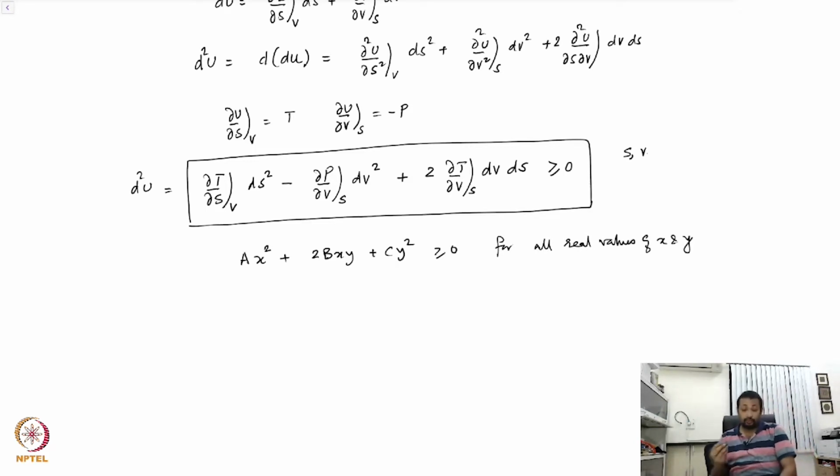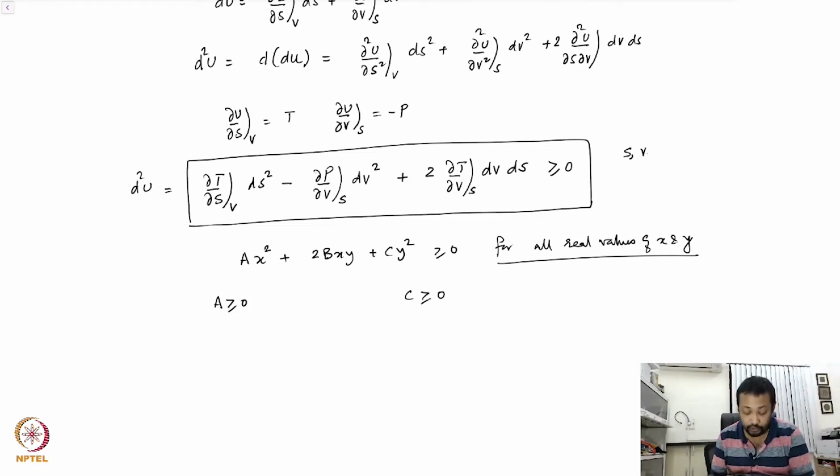Clearly the obvious thing that comes to mind is that if this inequality is true for any real value of x and y, this would mean that a must be greater than or equal to 0 and c must be greater than or equal to 0.